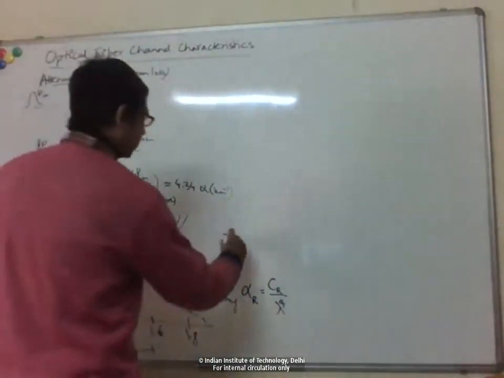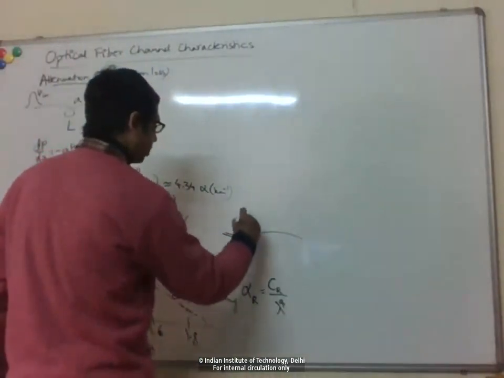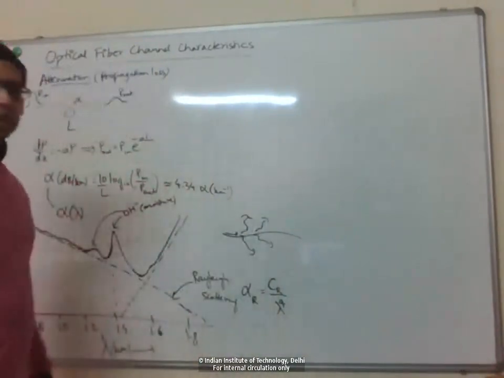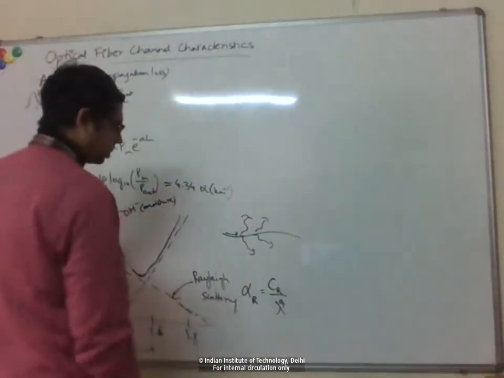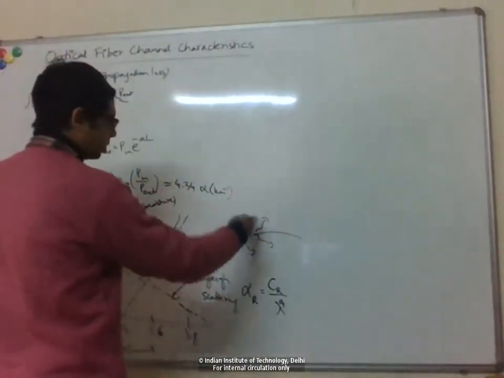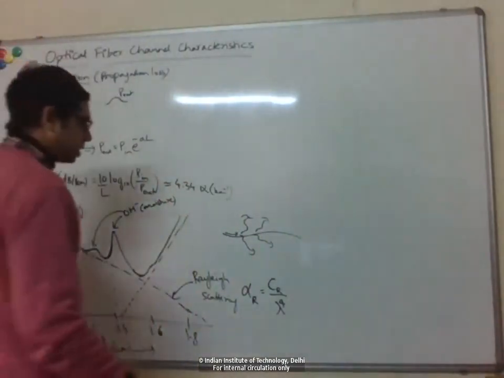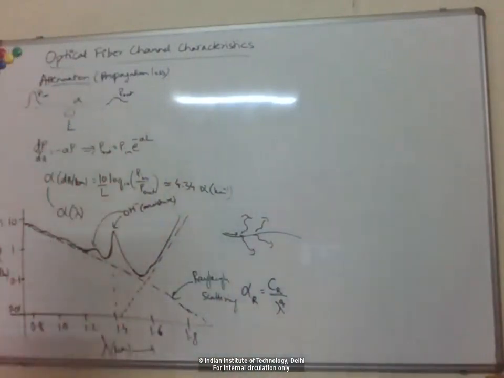So you have light traveling along the optical fiber, and it's scattered out of the fiber into the medium outside. It's not an absorption mode, it's just scattering. It's not that the atoms are absorbing the photons.